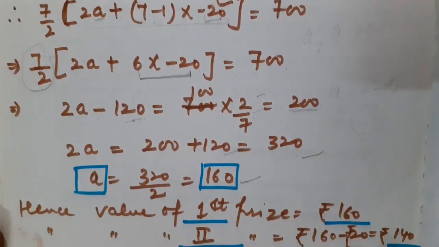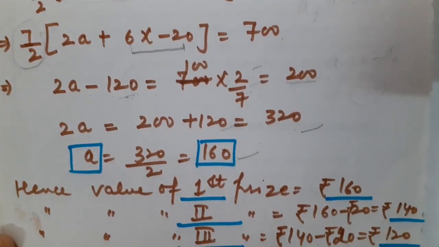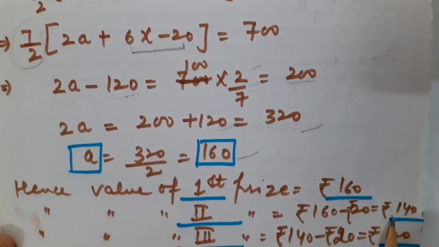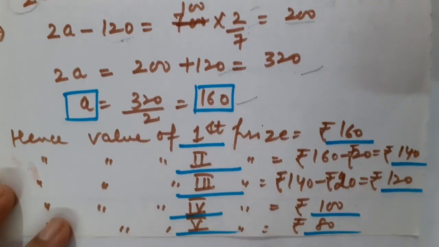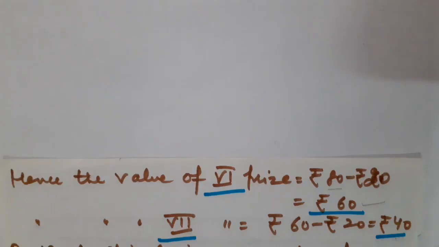So hence the value of the first prize is 160, and the next one will be 20 rupees less than the preceding one, that will be 140. Then the third one will be 120. Fourth prize will be of rupees 100. Fifth prize will be of rupees 80. And the value of the sixth prize will be rupees 60. And ultimately at the last, the value of the seventh prize will be rupees 40.